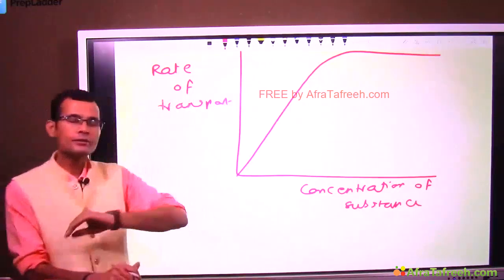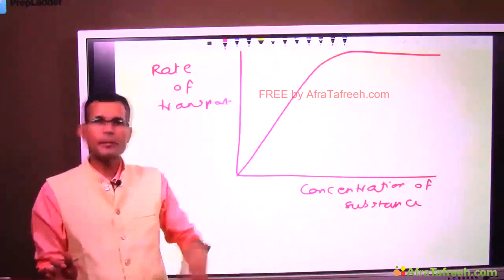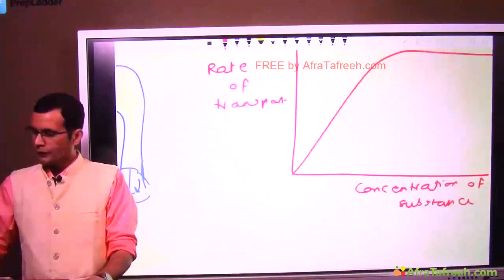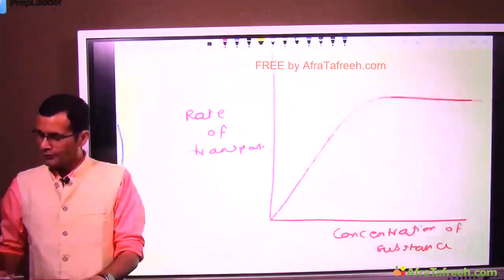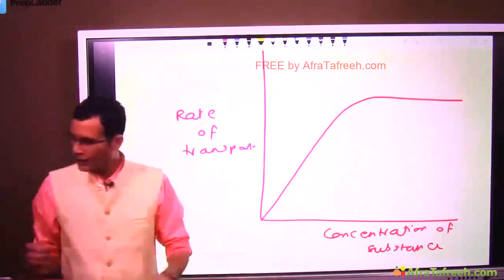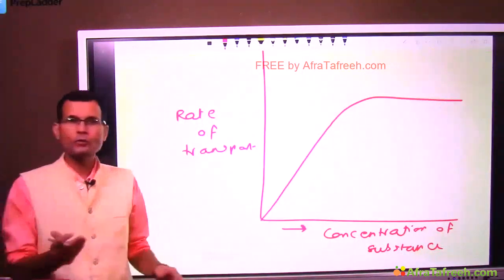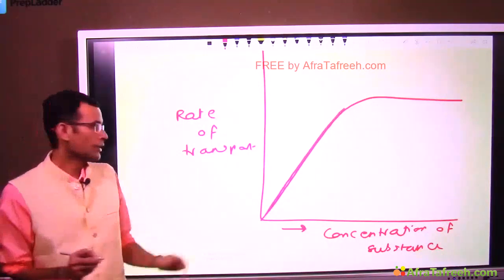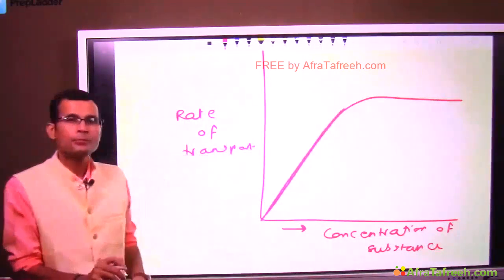See, carrier is transporting the substance from one side of the membrane to the other side. What we saw in this graph is that if you go on increasing the concentration of the substance on one side, the rate of transport also increases initially. Yeah, the graph is going up.